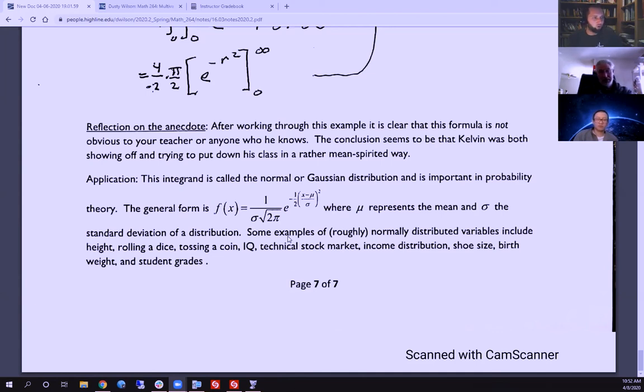It's used all over the place to describe populations. Why are some people really tall and some people really vertically challenged, but most people are right in the middle? That distribution of heights is described by the Gaussian distribution. Tossing coins, rolling dice, brain power, shoe size, birth weights, even your grades are roughly distributed according to this.